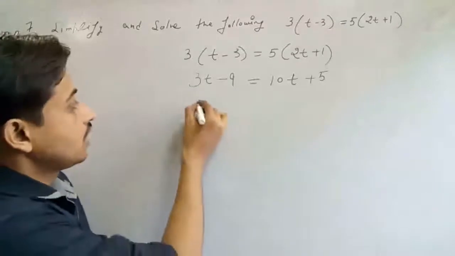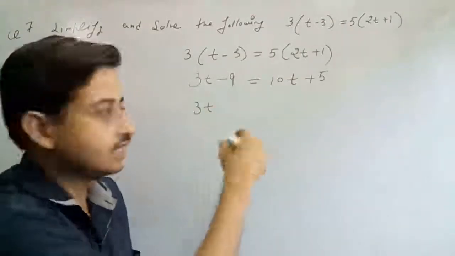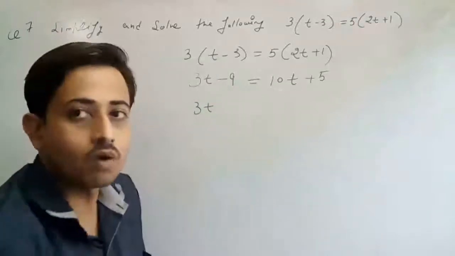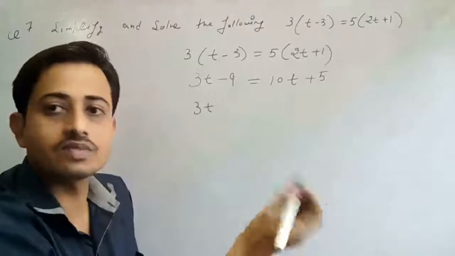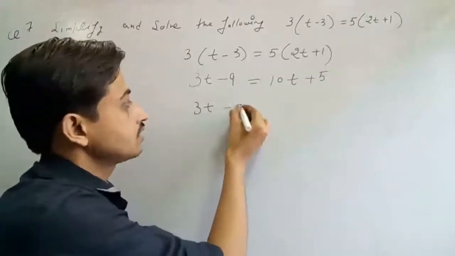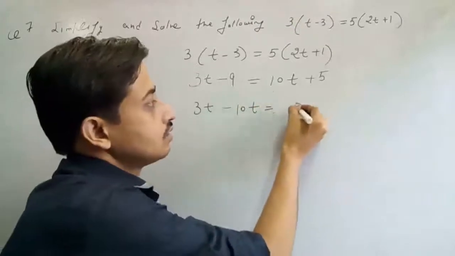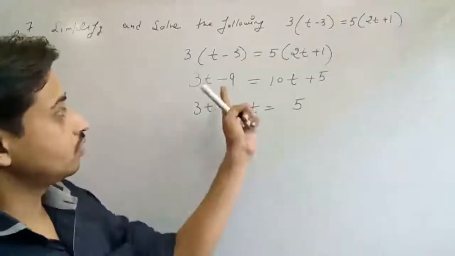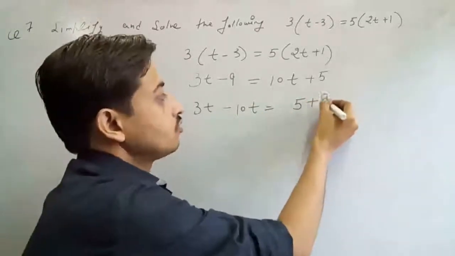So I have to take this 10t to the left hand side. Here it is positive, and if we take it to the left hand side it becomes negative. So we get minus 10t. Here this is positive 5, and we have to take this negative 9 to the right hand side. So we get positive 9.